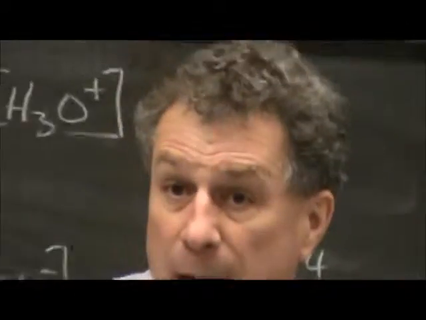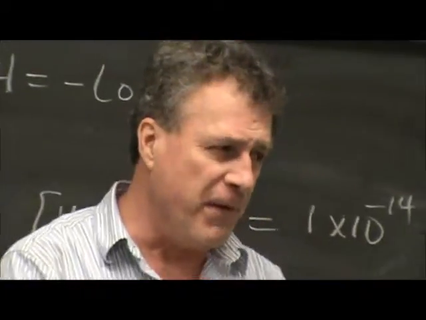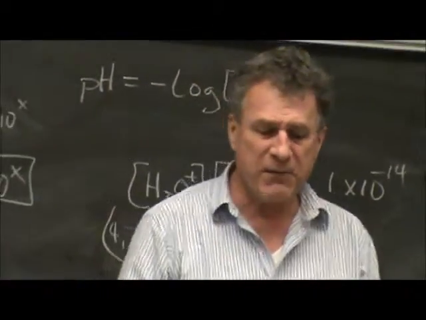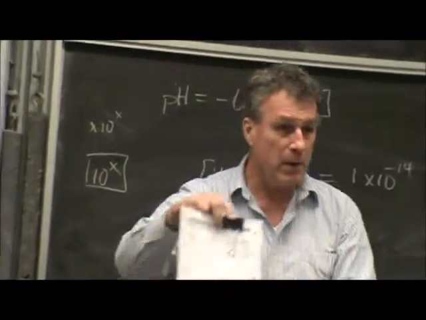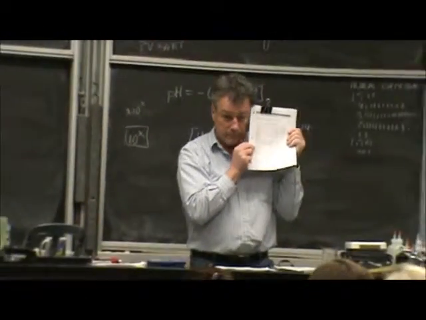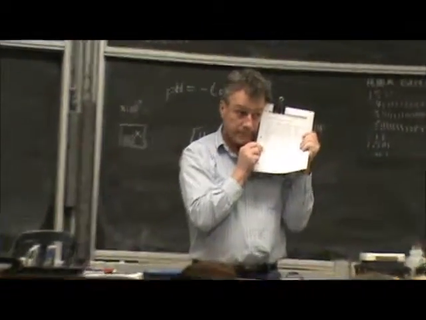Now, for instance, how do I make a solution acidic? In order to make a solution acidic, I need to increase the hydronium concentration, and I would do that by adding an acid. And we have to be careful, because if you look back to your table, is ammonia NH3 an acid? But if I add that to water, the solution does not become acidic.